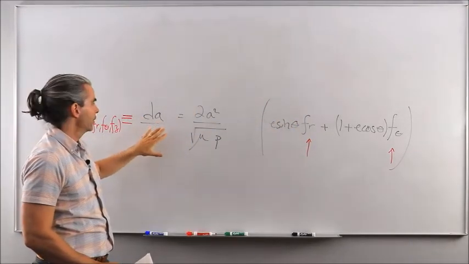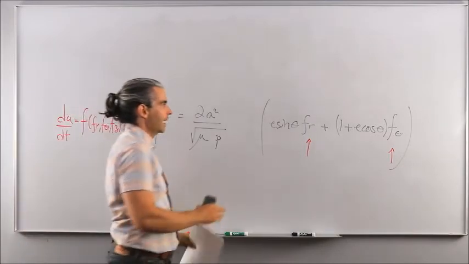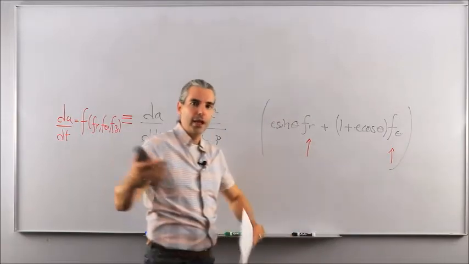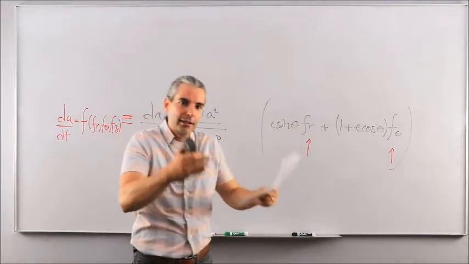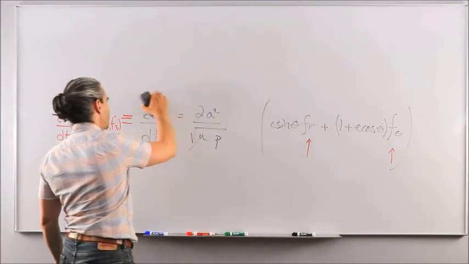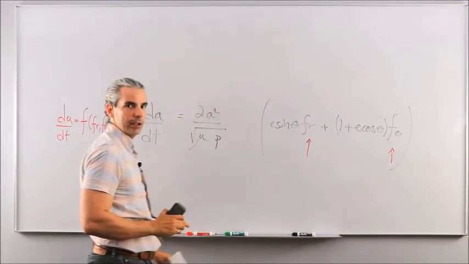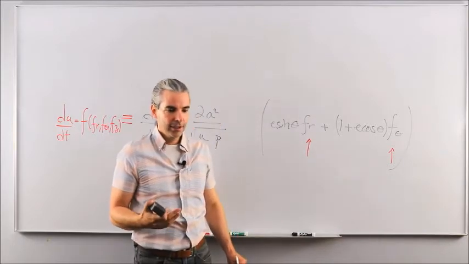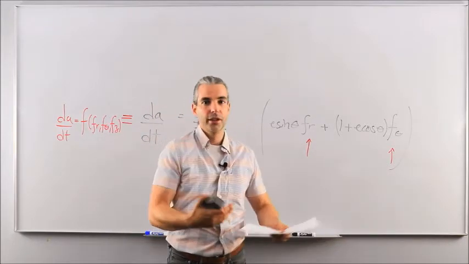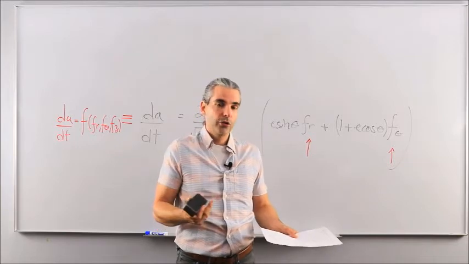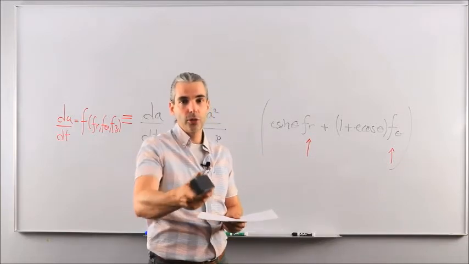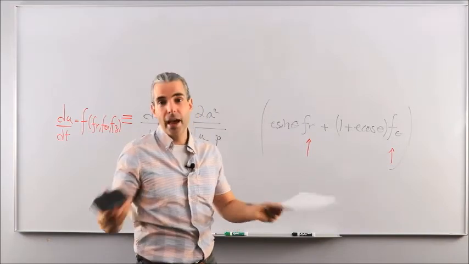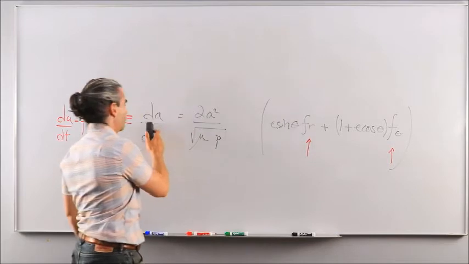For example, here we've just discovered that only the x and the y component in orbital reference frame of our net perturbing acceleration acting on the spacecraft is influencing the semi-major axis of the orbit. And that makes a lot of sense because the semi-major axis is a measure of the orbit within the orbital plane. So a perturbing acceleration which is normal to the plane would not have any impact on that specific orbital element.